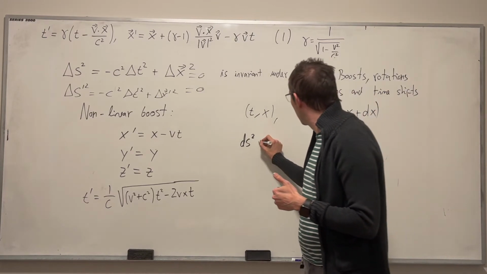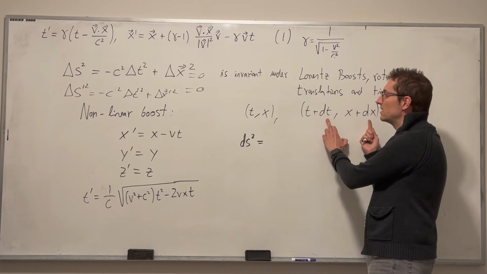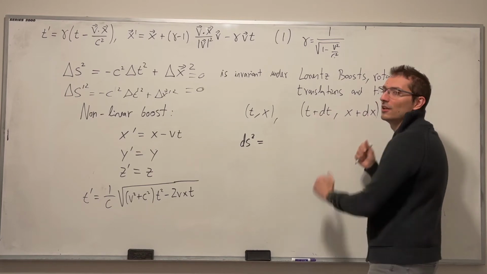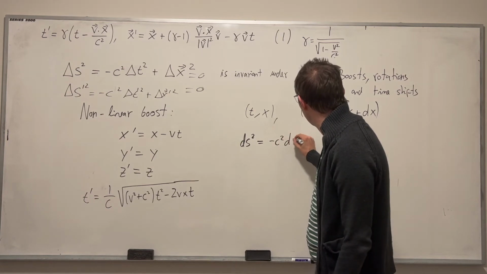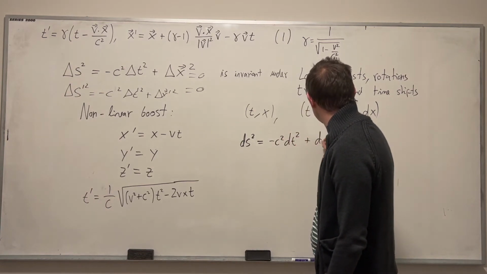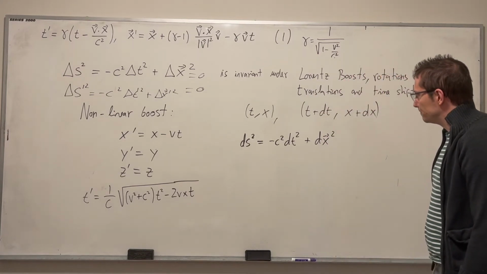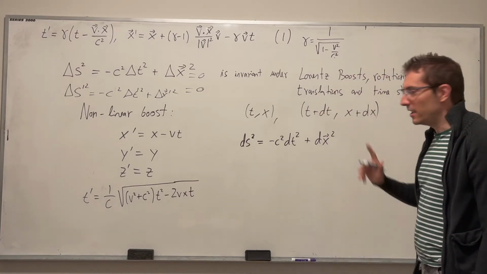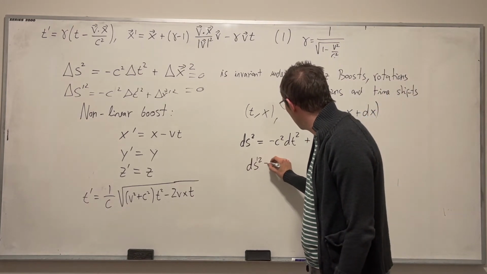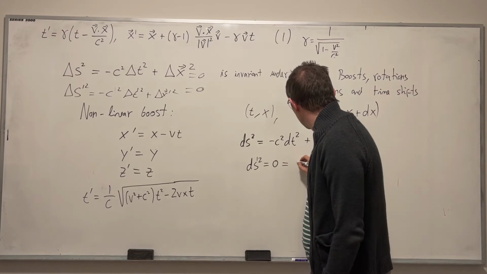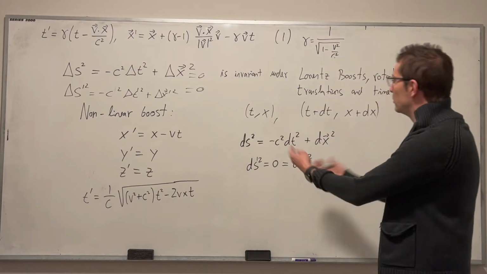So following this, we can compute the small. Think of this instead of a differential. Let's not take the limit yet. Think of it as a very small separation. Then, of course, we get that this is minus c squared dt squared plus dx squared. All right. Now, we know already that ds squared prime equals 0 equals ds squared for two different reference frames.